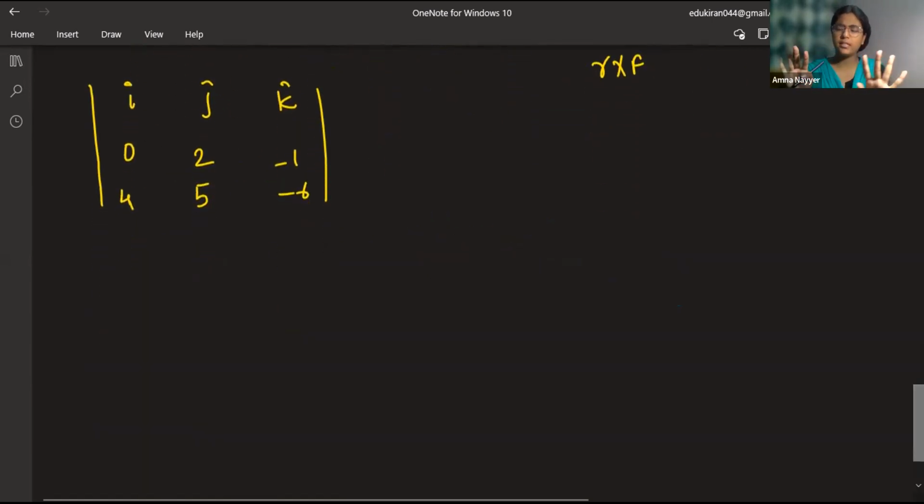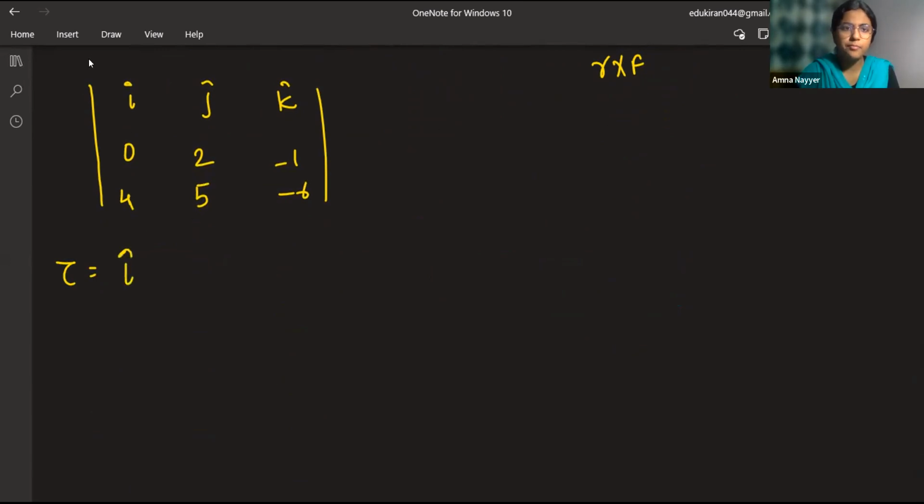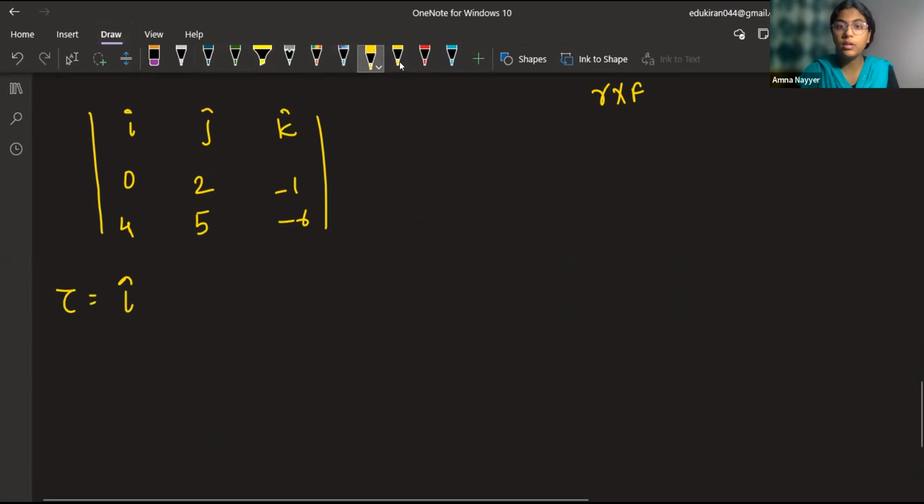Now rest is over. Just focus on this. For torque R cross, that is R cross F. Take I cap. Now when you are considering I cap, just eliminate this row and the column of I cap. What is left? These four quantities are left to you. Now you are just concerned with these four.